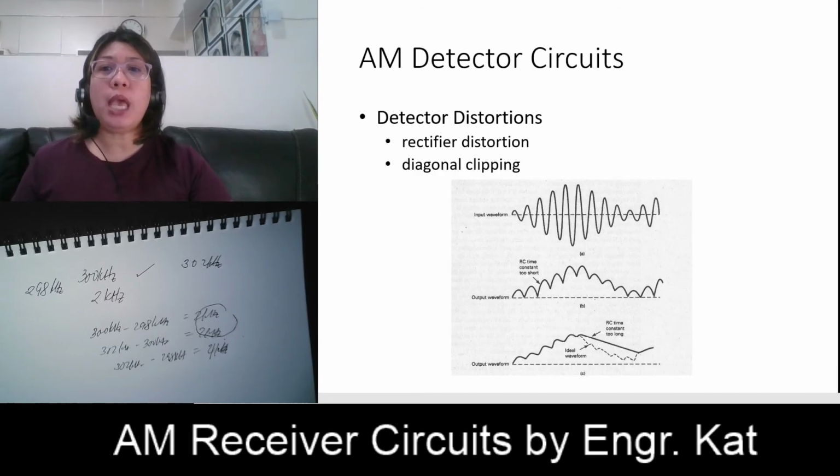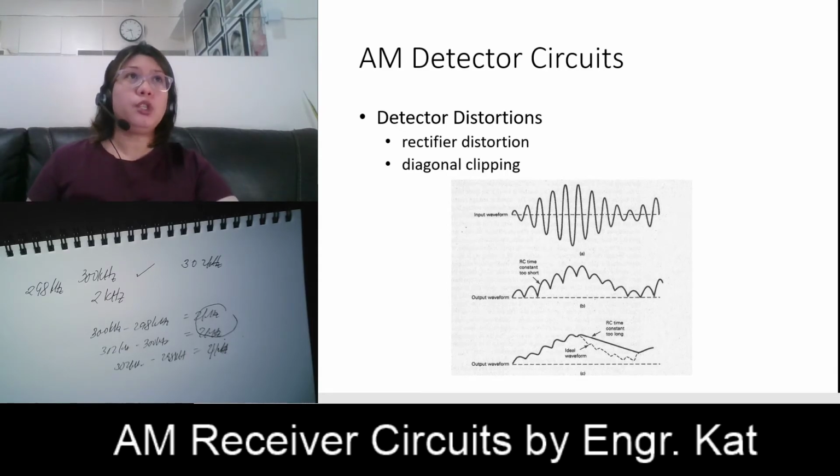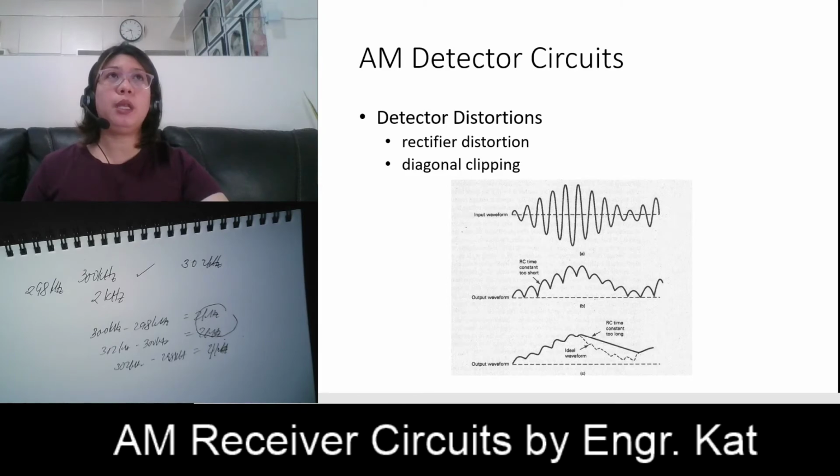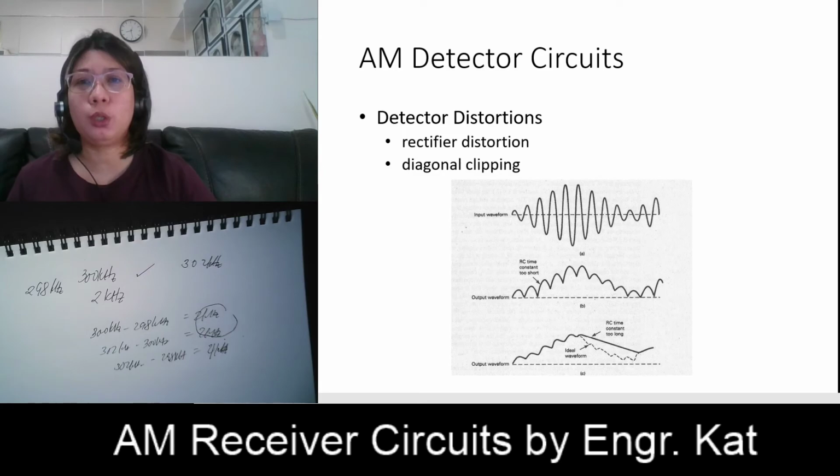Here we have some detector distortions. If this is our input waveform, we have what we call the rectifier distortion and the diagonal clipping distortion. Usually it has something to do with the value of your RC. Take note that your RC is your time constant. It determines whether your capacitor is charging faster or slower.